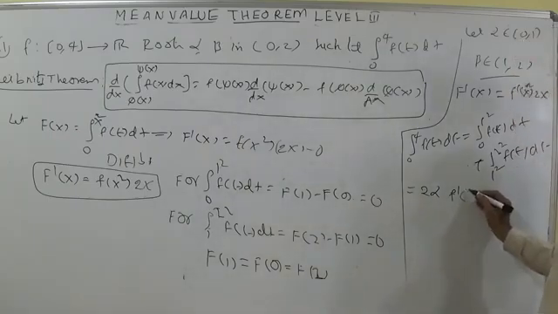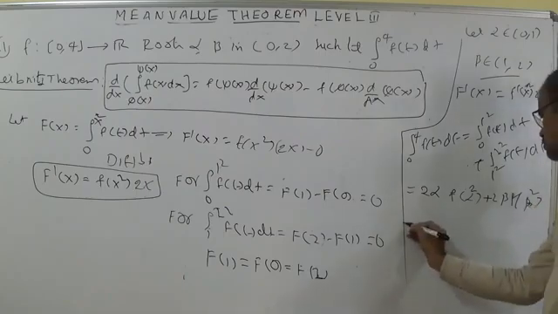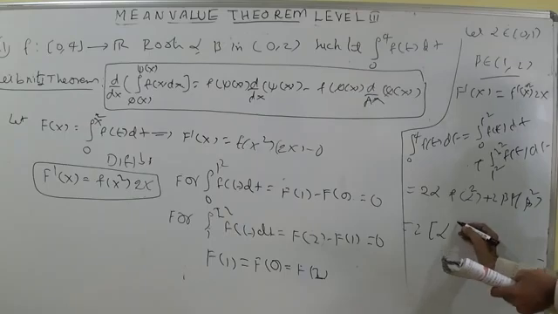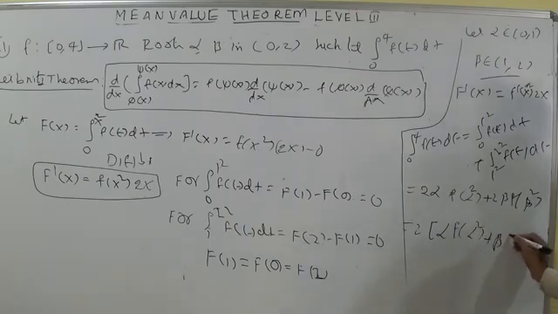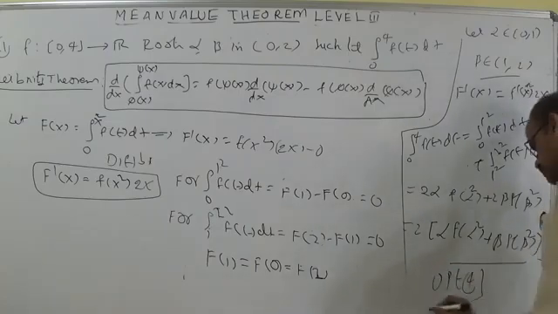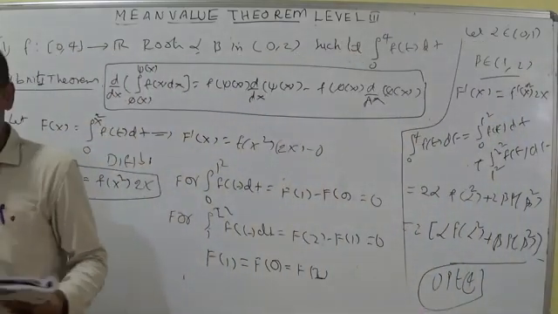Here you can write 2 alpha f of alpha square plus 2 beta f of beta square, that is equal to 2 taken common, then you can write alpha into f of alpha square plus beta into f of beta square, that is option 4. Option 4 is the correct answer for the 11th question.